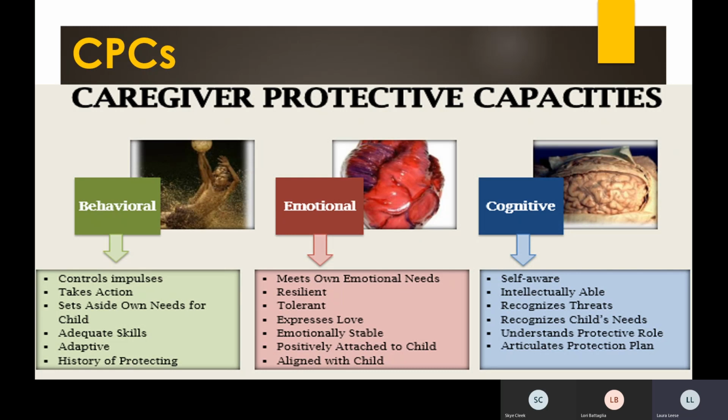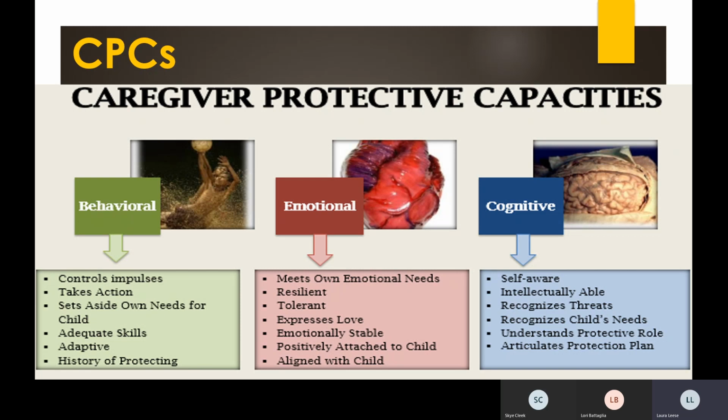For the moment, the section underneath caregiver protective capacities is broken down into 3 areas: the behavioral, the emotional, and the cognitive.